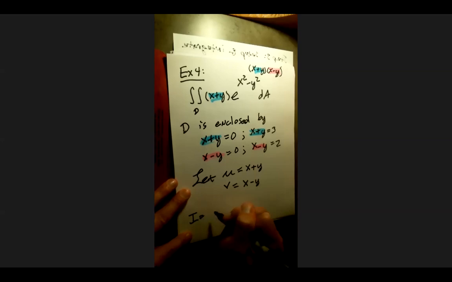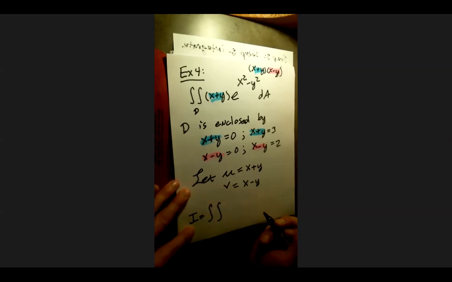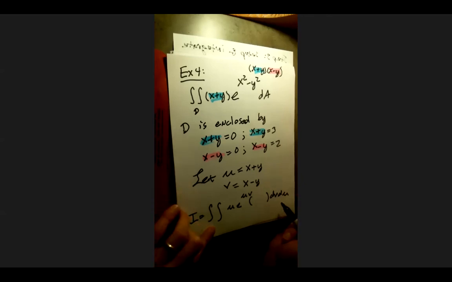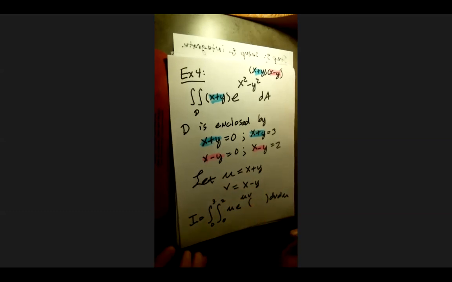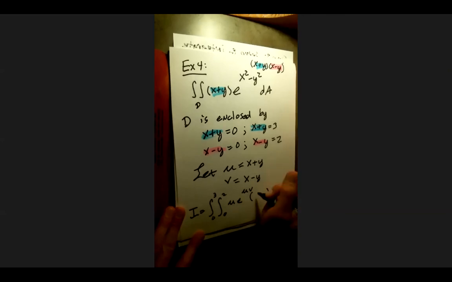And now your integral can be the double integral of, looks like it's u e to the uv. And then we got to leave some space. And then, I don't know, which one do you want first? Maybe dv du, I don't know. We'll figure that out later. Our v's are going to range between 0 and 2, u's 0 to 3. What goes in the parentheses? Scaling factor.